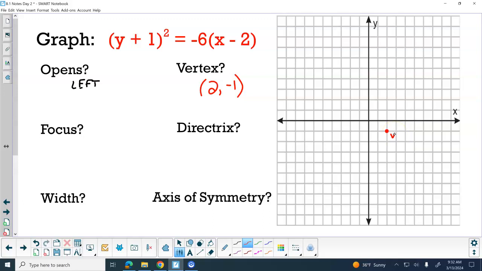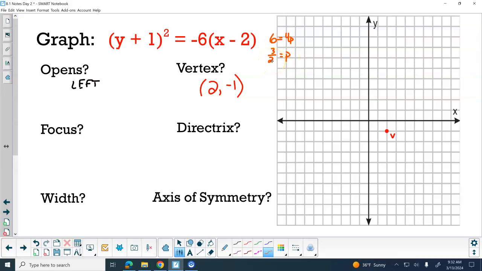What is my 4p value? So +6, and we talked about that, we just use absolute value on Monday. So 4p is 6. So then what is p? 3/2, 1.5, right?